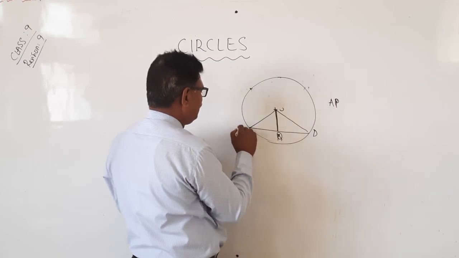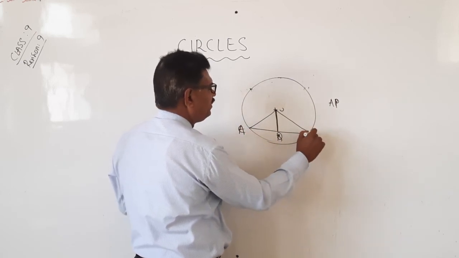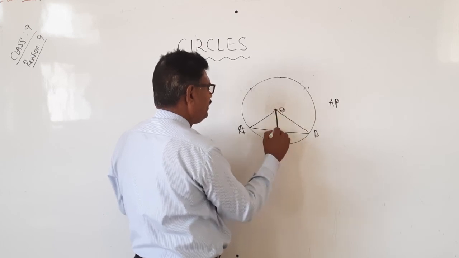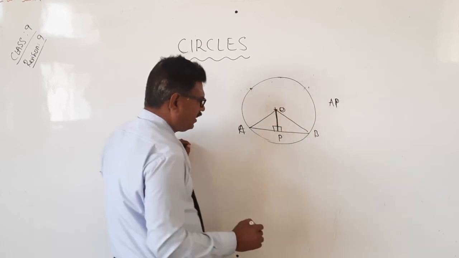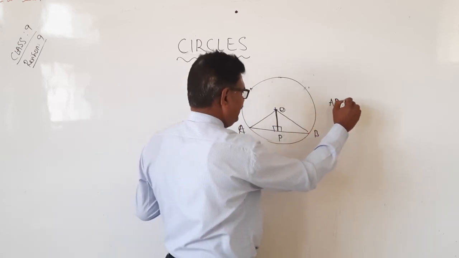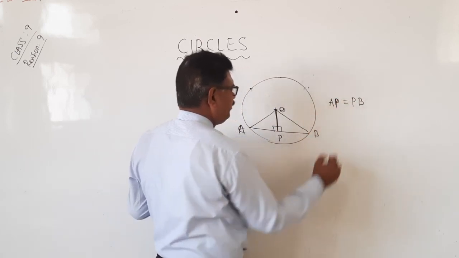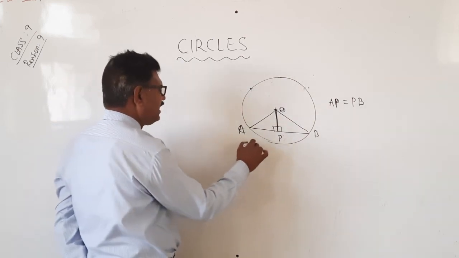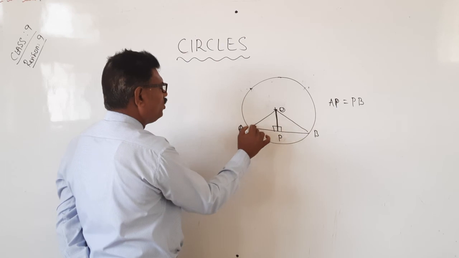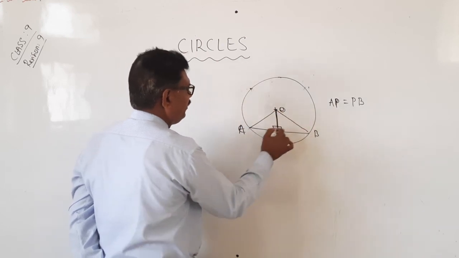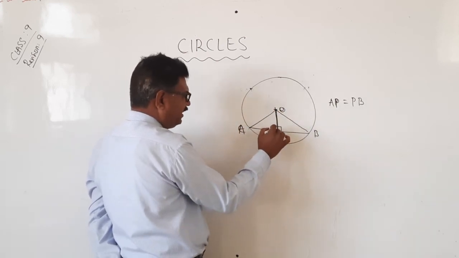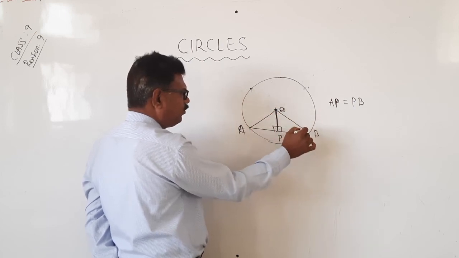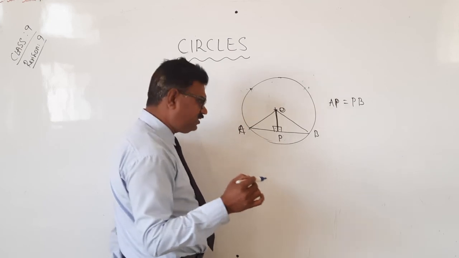So here is chord AB, center O, and P the foot of the perpendicular. Then we have to prove that AP equals PB. Very simple. Consider the triangles OAP and OBP. Angles of 90 degrees each. OA equals OB because they are radii of the circle.